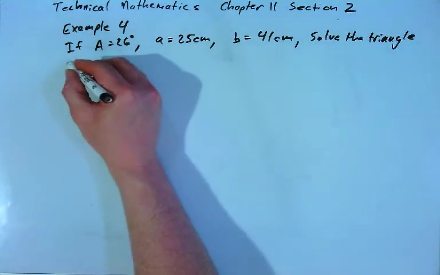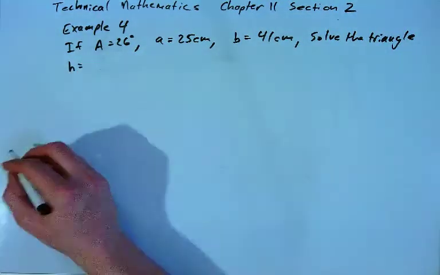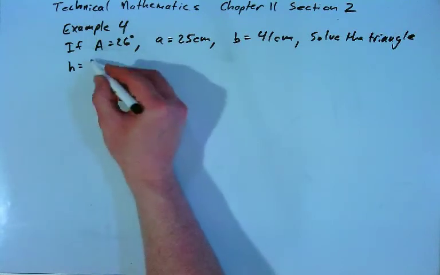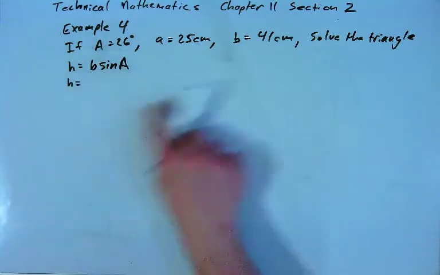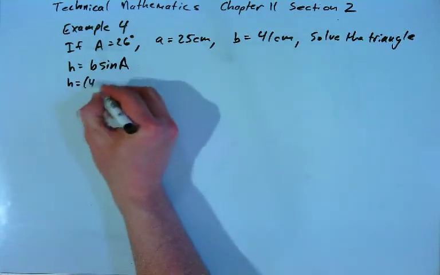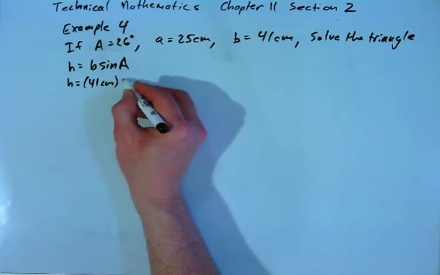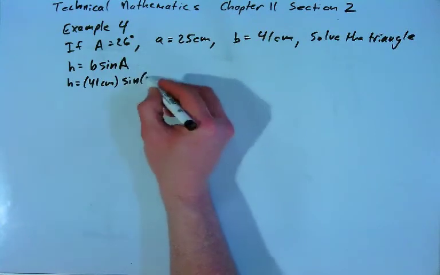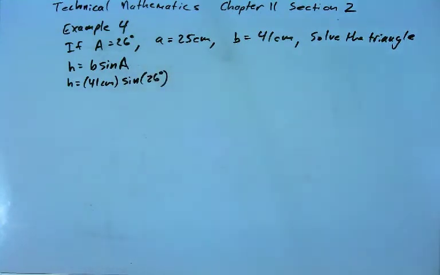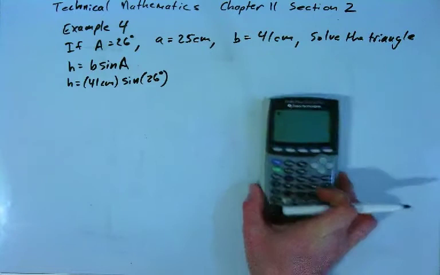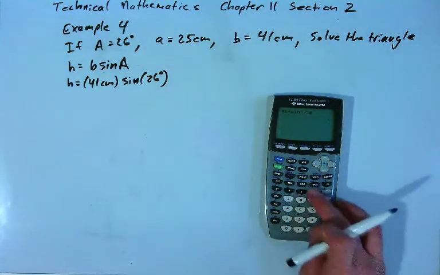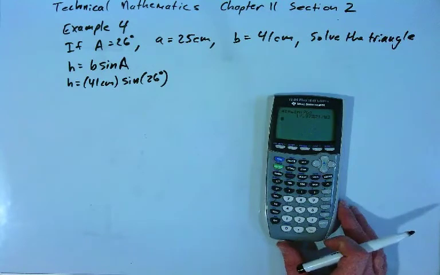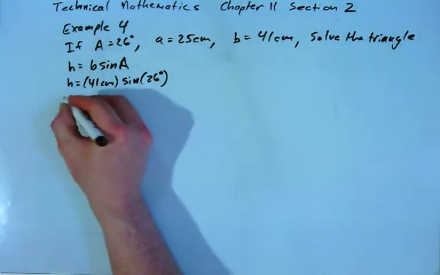So remember that H will be equal to B sine A. And so H will be equal to 41 centimeters times the sine of angle A, which is 26 degrees. And so we'll use our calculator to determine that. 41 times the sine of 26, and we get 17.97.